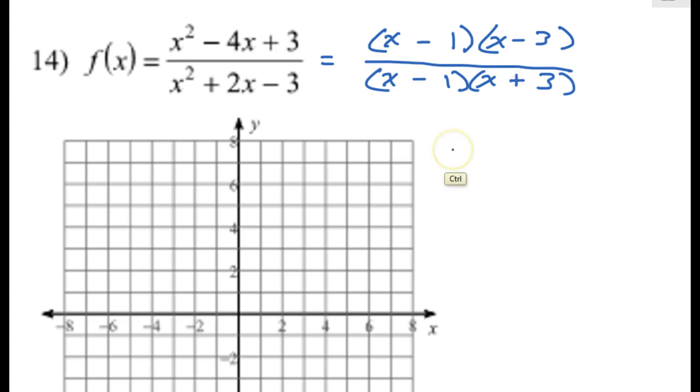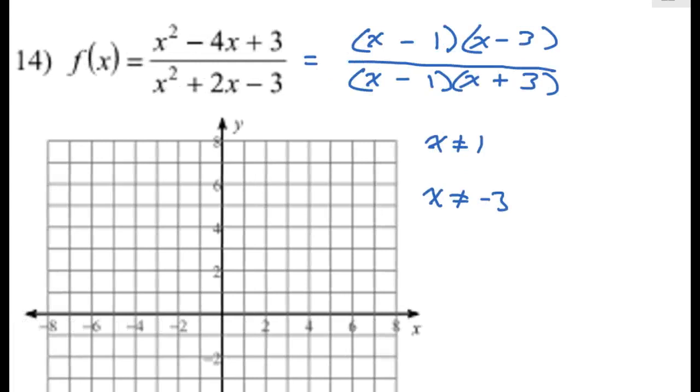Okay, let's start with the discontinuities. I'm looking at the denominators. I know that x cannot equal 1 because of the first factor. I know that x cannot equal negative 3 because of the second factor in the denominator.